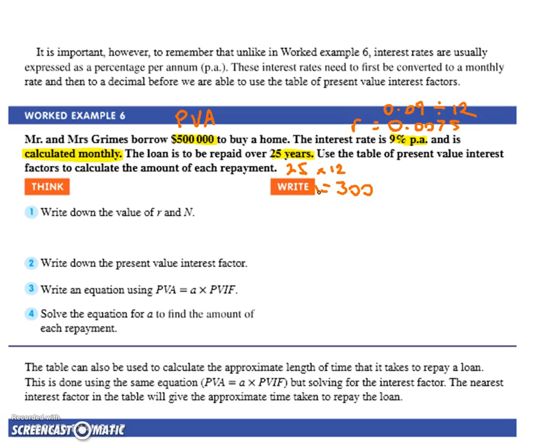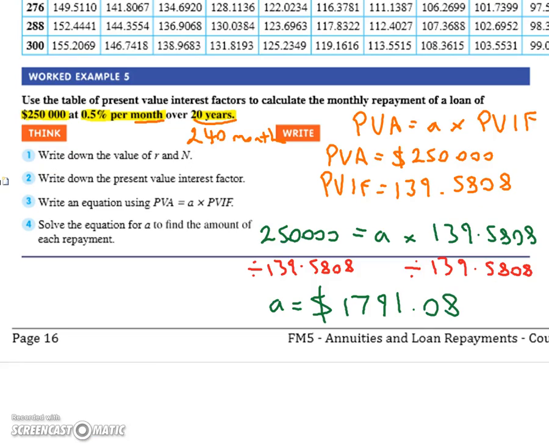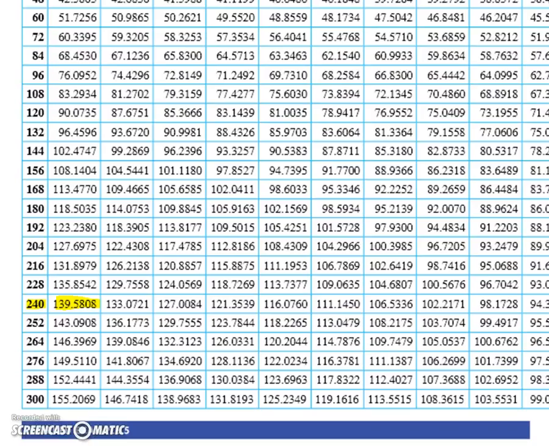Okay, so now I can work out my PVIF. So my PVA equals 500,000. My PVIF, I'm going to go and have a look at the table. So the numbers we're interested in are 300 and 0.0075. I hate it when there's that many zeros. My brain doesn't work. So 300, so we're right down the bottom.